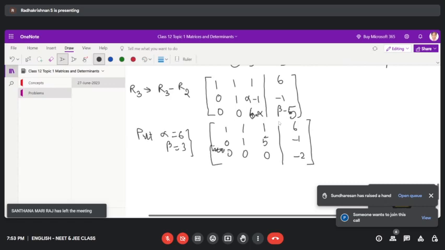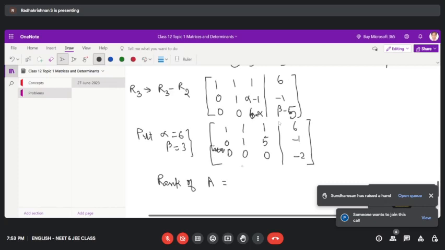Now what you should do is find the rank of the transformed matrix A and the rank of the augmented matrix. This whole thing we call the augmented matrix, and this alone we call matrix A. So what is the rank of A? Since the last row is all 0, it is not 3, but you can find a submatrix or a minor which is non-zero: 5 into 1, 1 into 1.